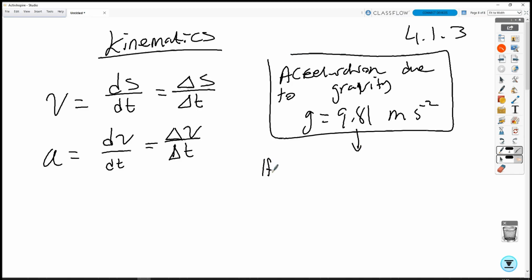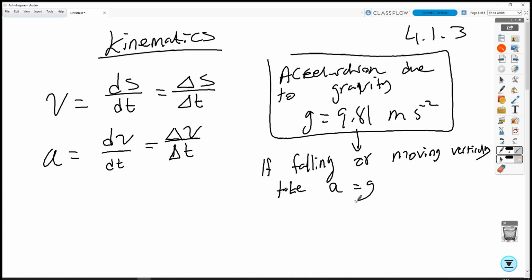So if your object is falling or moving vertically, so this could be up or down, take your acceleration as equal to g.